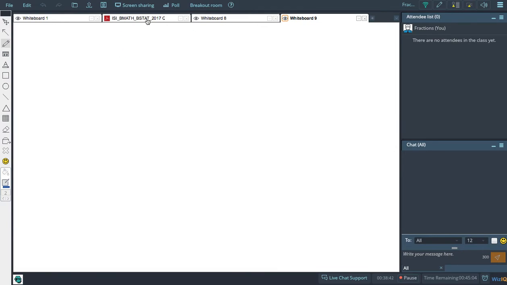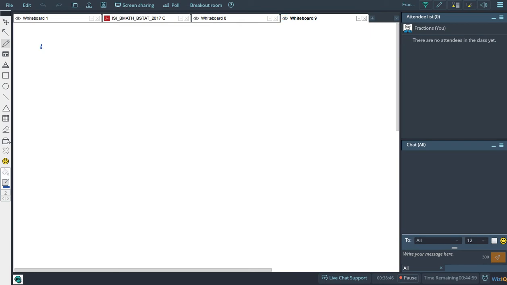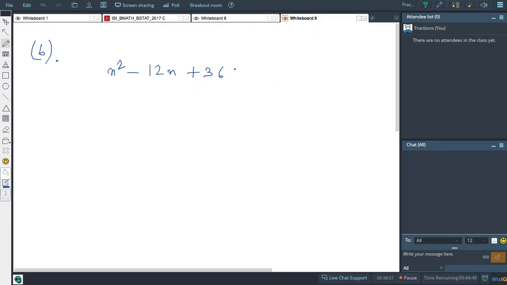So let's write down the polynomial, that is n square minus 12n plus 36. And this has been given to be equal to g of n. And now from part A, we know that g of n is less than or equal to n. So we get n square minus 12n plus 36 is less than or equal to n.